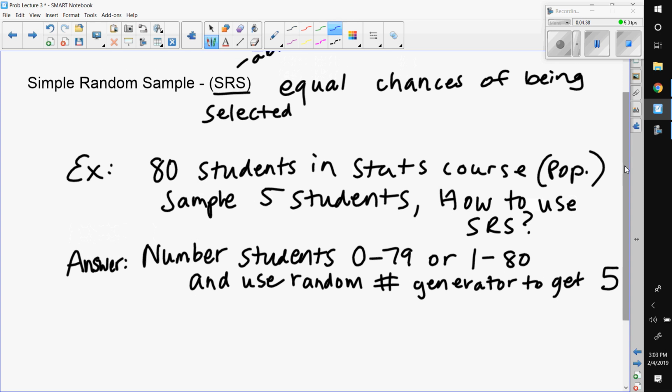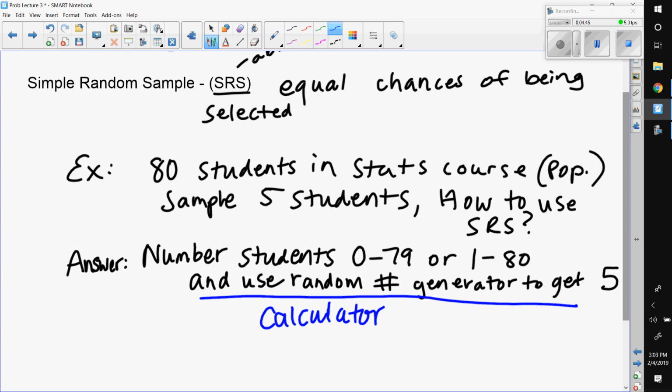I'll show you in class how we're going to use our calculator to get this random number, this simple random sample. The important part is we're numbering people and then using some sort of generated algorithm to get that 5 that we need.